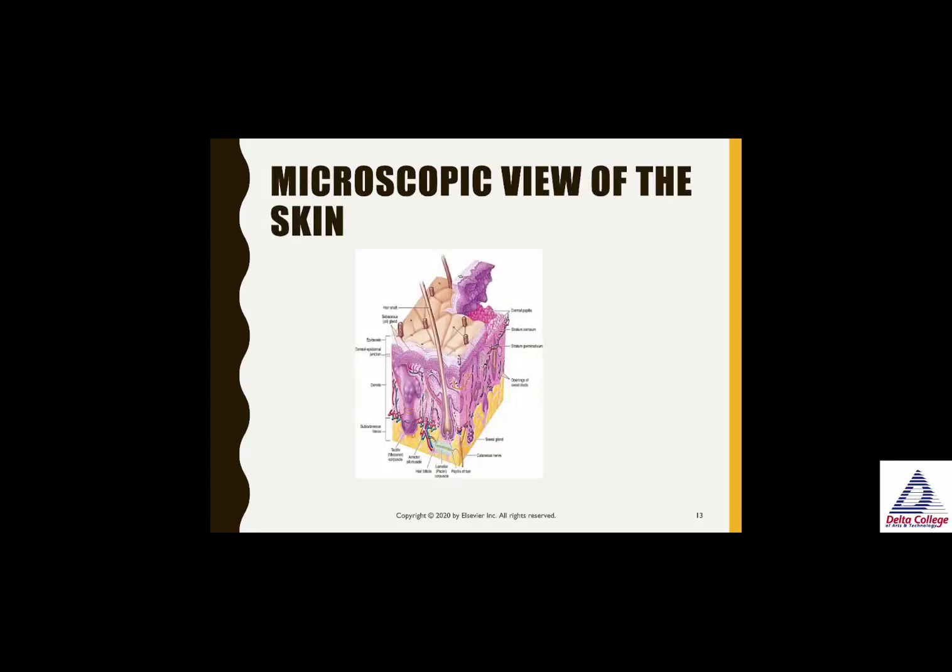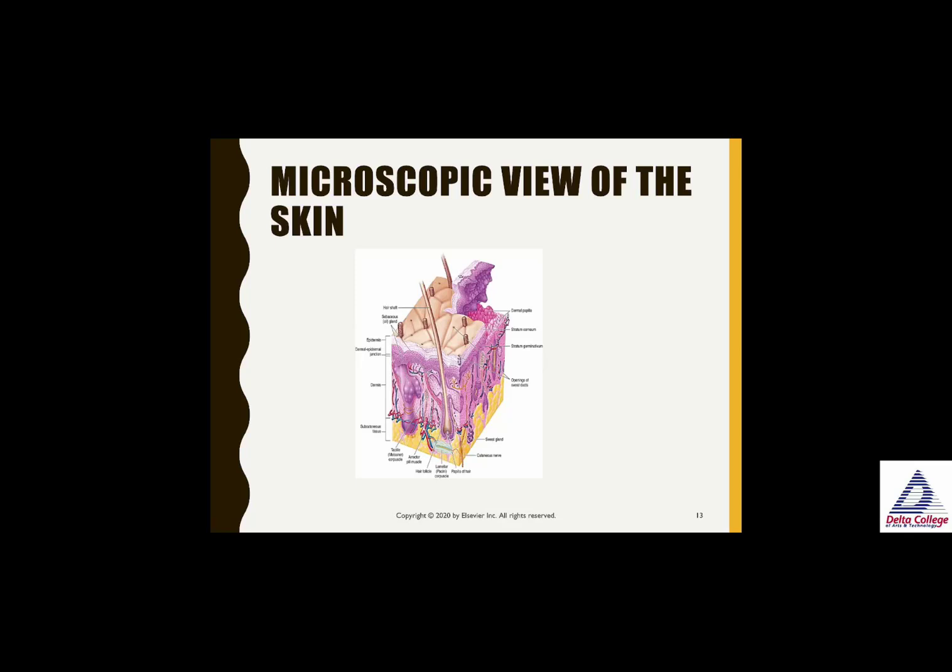So here's a microscopic view, like what you see in your book. You can see at the top we have our epidermis. Then underneath that epidermis you'll see what's called the dermal epidermal junction, and that's where it's joining the epidermis with the dermis. The dermis down here is the deeper of the two layers.